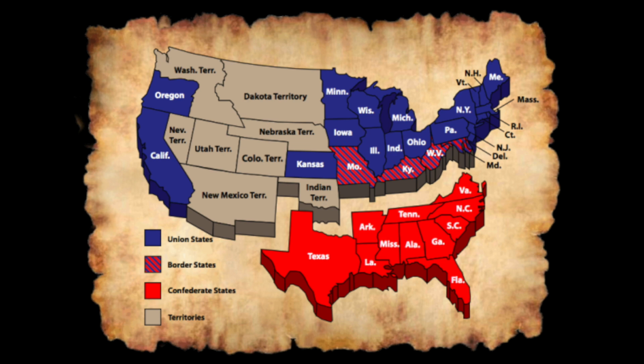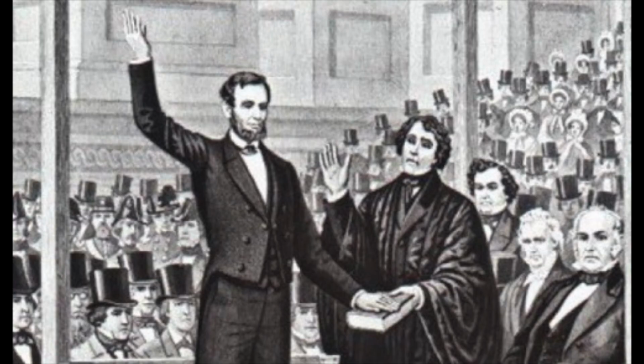Lincoln said that it was his duty, quote, "that the laws of the Union be faithfully executed in the states. I trust this will not be regarded as a menace, but only as the declared purpose of the Union, that it will constitutionally defend and maintain itself."